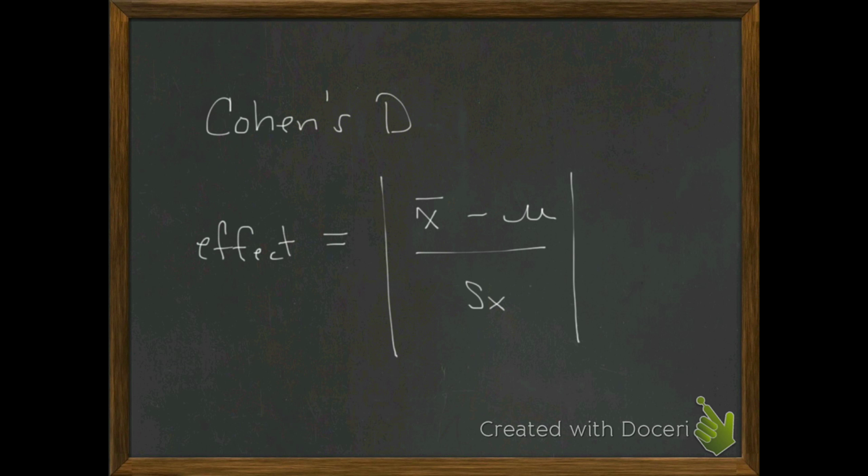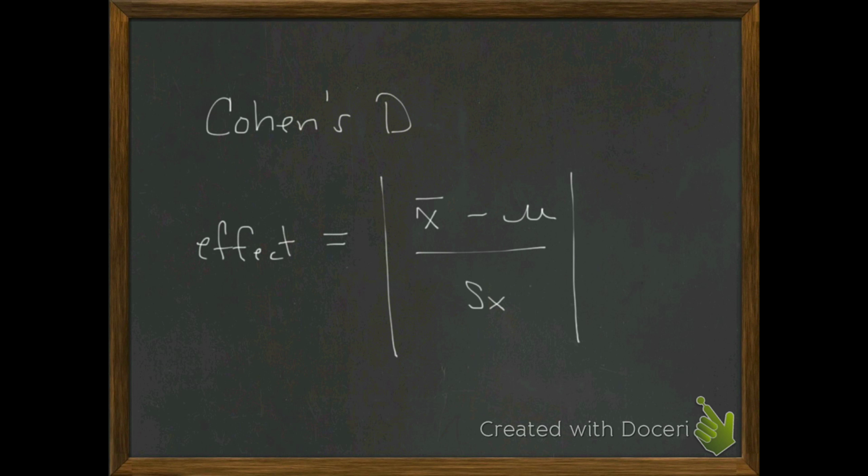It's just the difference in standard deviations, not standard errors. So again, notice the effect size is trying to take the sample size out of it, because as we increase sample size, if we increase our sample size enough, we're going to reject everything. So it wants to take the sample size out and just get a standardized measure of the difference between the sample mean and the population mean.